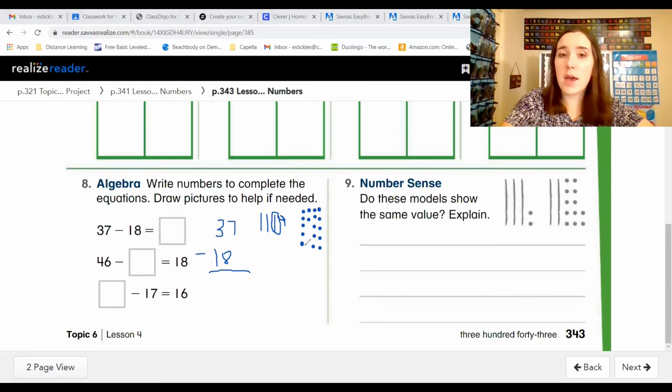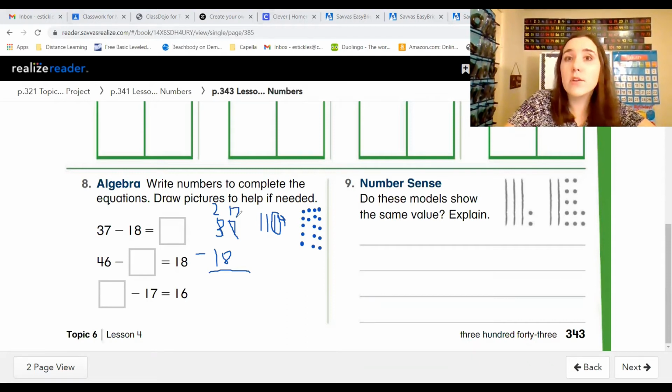And now that I've done my regrouping over here, I need to regroup in my subtraction problem. So I don't have 3 tens anymore. Now I just have 2. And I don't have 7 ones, I now have 17 ones because I had 7 and then I added 10 more when I regrouped. So now I can do my subtraction. I have 17 ones and I want to take away 8. So I'm going to cross off my ones over here. 1, 2, 3, 4, 5, 6, 7, 8.